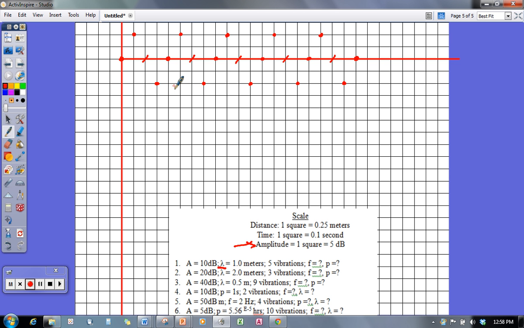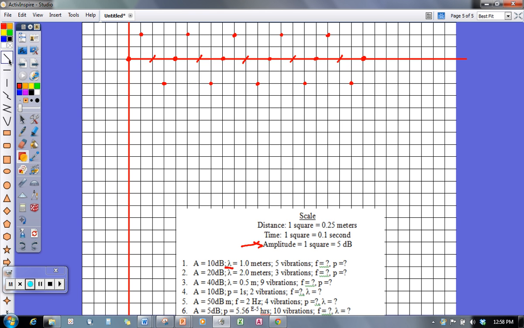Okay? When you connect the dots, do you want them to be straight or do you want them to be curved? You can either do curvy like that, or you can do straight. That is up to you, whichever you decide.